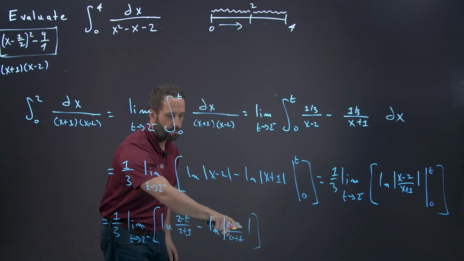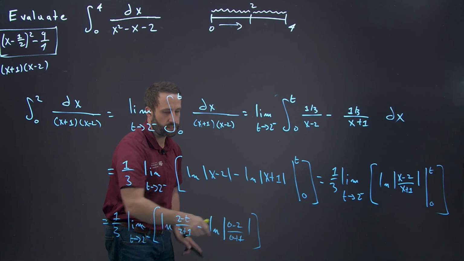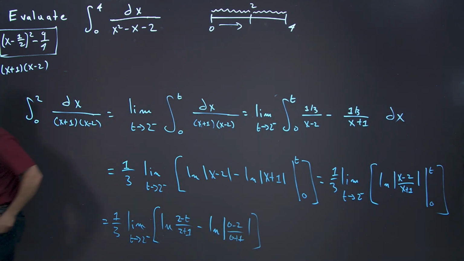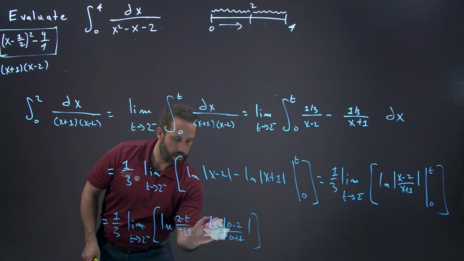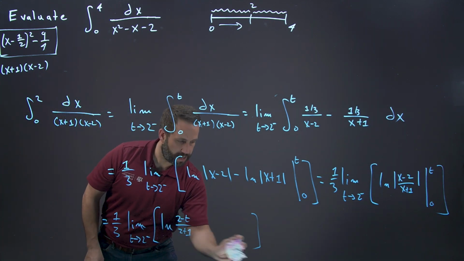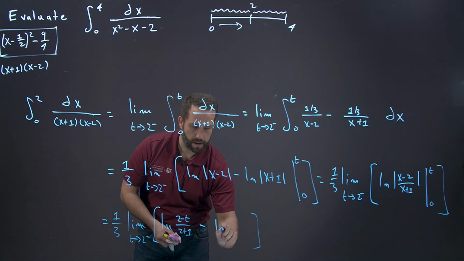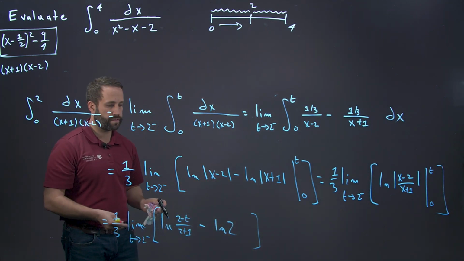Again, 0 minus 2 is minus 2, and 0 plus 1 is 1. So this is the natural log of 2. So this is minus the natural log of 2. I'm having to combine things here because I'm running out of room.